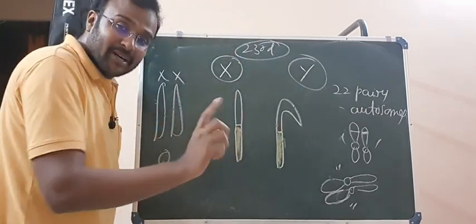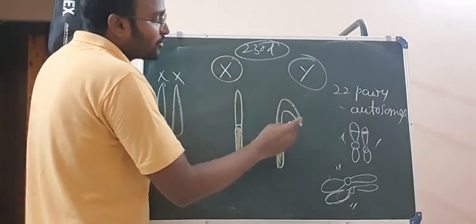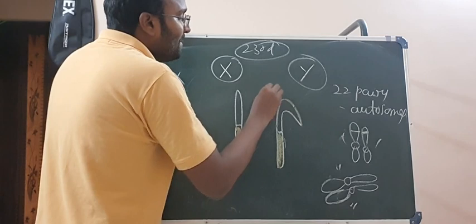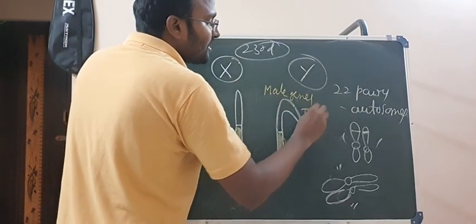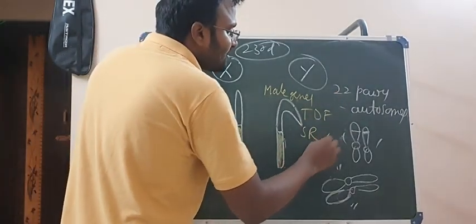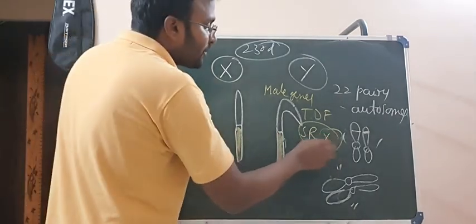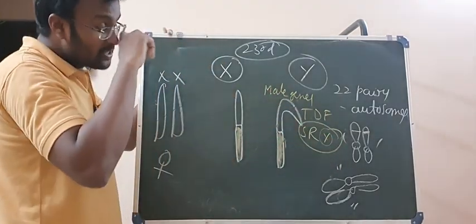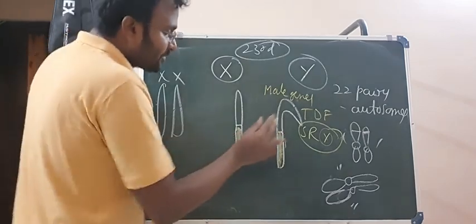The rest of the half is not going to match. This half part of the Y chromosome has male genes like the testis determining factor and SRY genes, gender imparting genes, Y chromosome related genes which impart maleness to human beings.